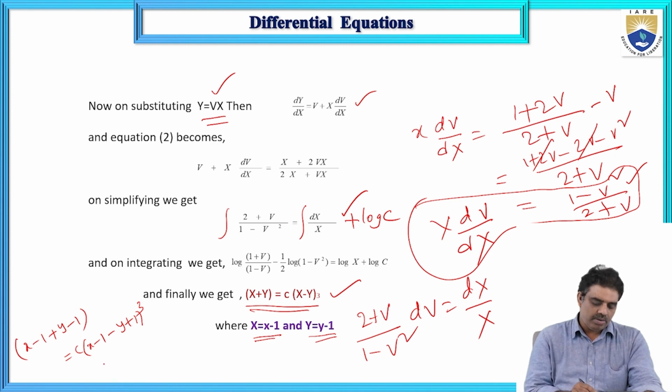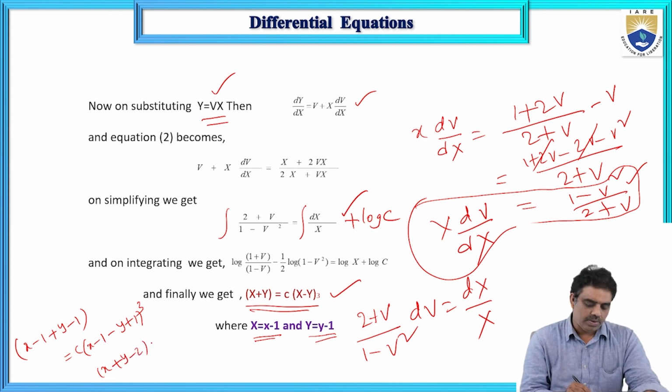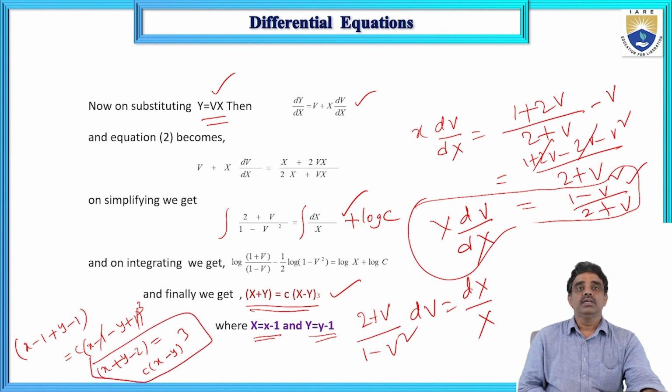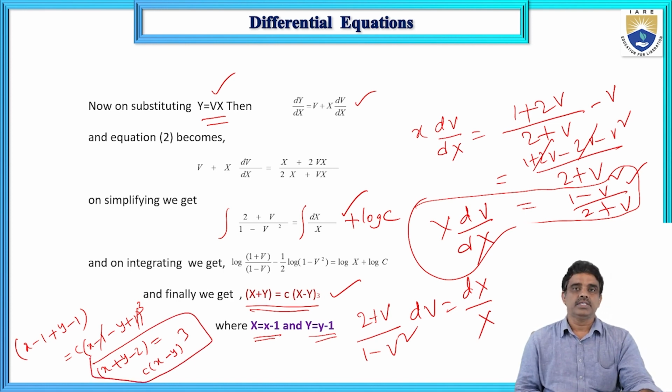On the left hand side, x plus y minus 2 is equal to C into (x minus y), minus 1 plus 1 gets cancelled, whole cube. This is the required solution of the given differential equation.